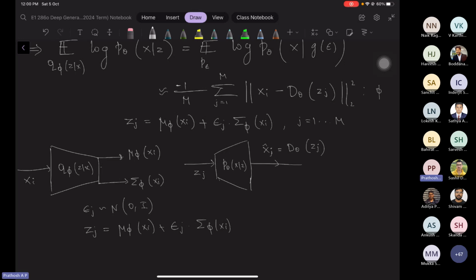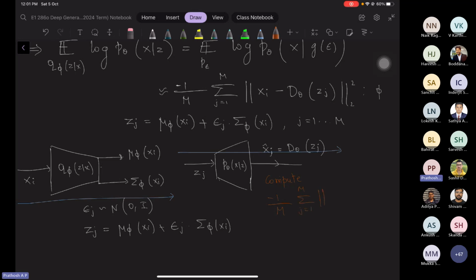Now what do you do? There is a forward pass. Get your z, and from your z, get it through this. This is one forward pass. Now how do we do the reverse pass? For one particular xi, you need to compute 1 by m.